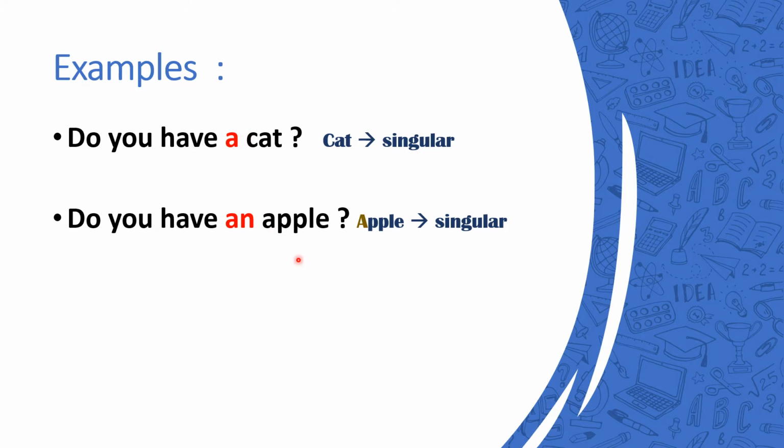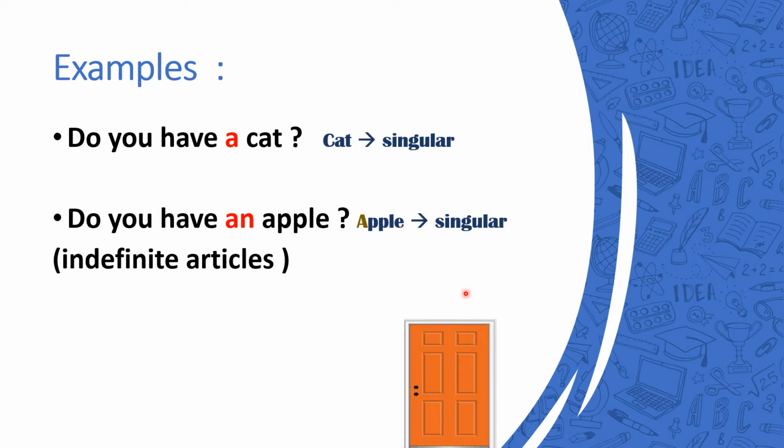So these two nouns are singular. So we use a and an with something that is non-specific or in general, with singular nouns. We call these two articles indefinite articles.